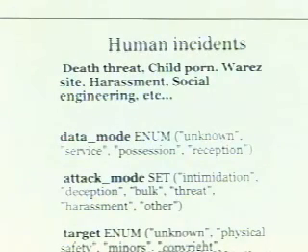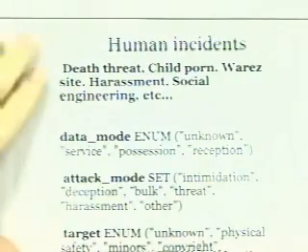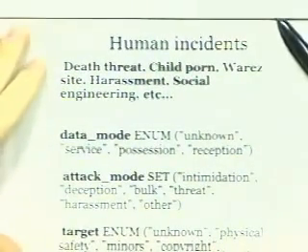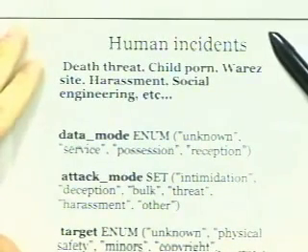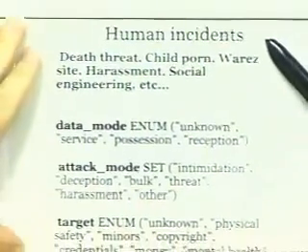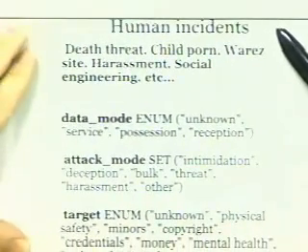Well, I've been talking mostly so far about technical incidents. I'd just like to point out that there's also human incidents that use technical means to be done. For example, if you send anonymous death threats, or you harass somebody, or you're storing child pornography on your computer and maybe even distributing it.